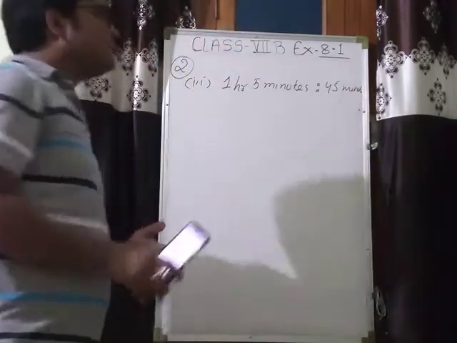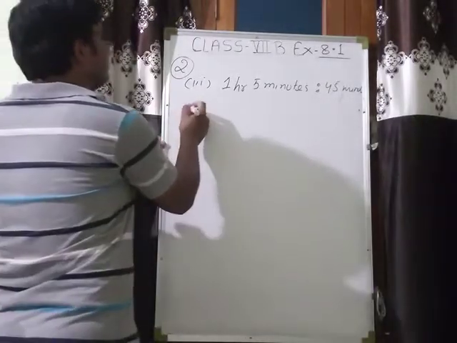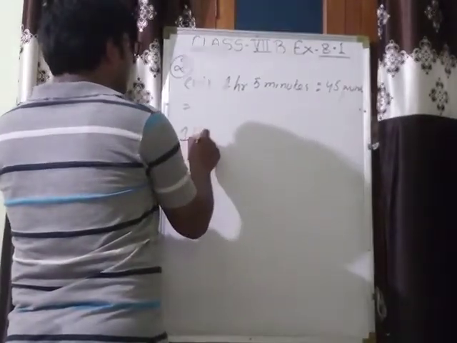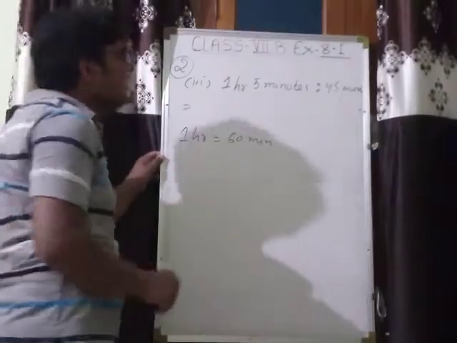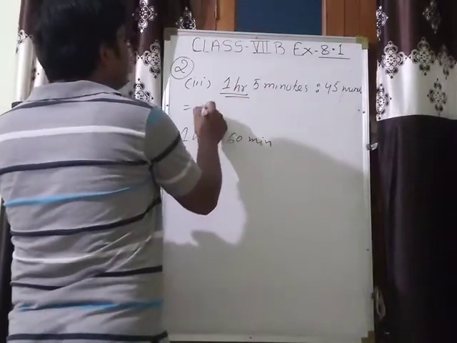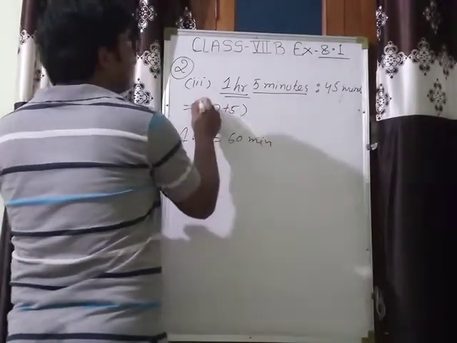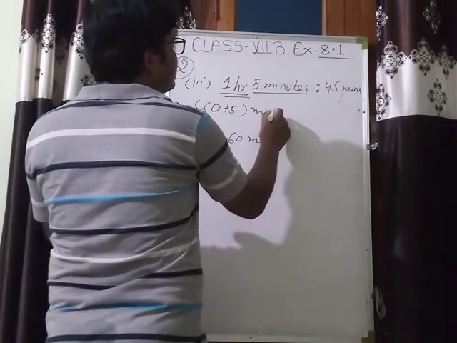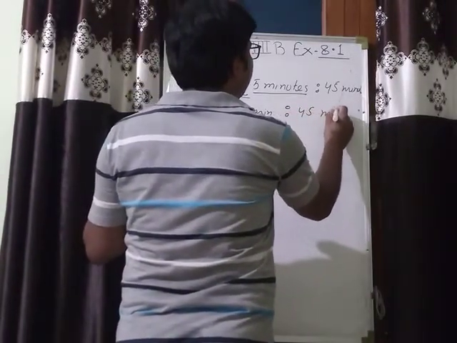So first of all we have to convert both units to the same. We know that 1 hour is equal to 60 minutes. Clearly this 1 hour can be written as 60 minutes, plus this 5 minutes, which is in minutes, is to 45 minutes.